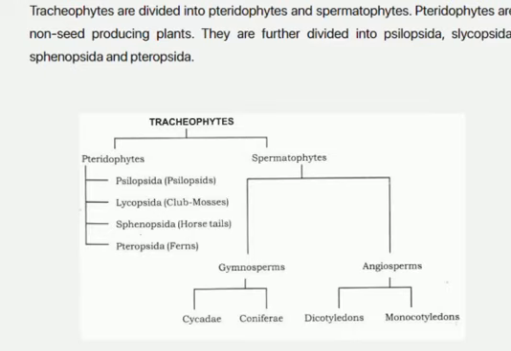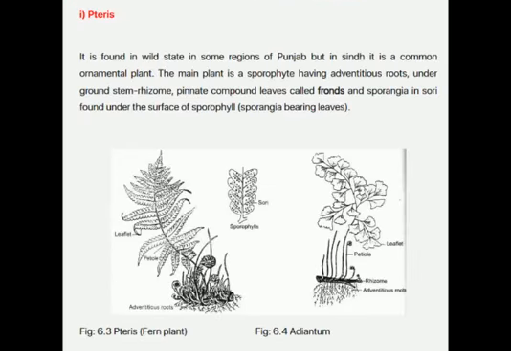These types of plants are again subdivided into 2. Number 1, monocotyledons, that means the seed has only a single cotyledon. The second one is dicotyledons, means the seed has 2 cotyledons in it. Class, I am explaining the 2 examples of tracheophytes, that are Pteris and Adiantum.